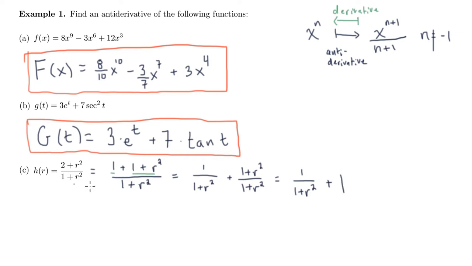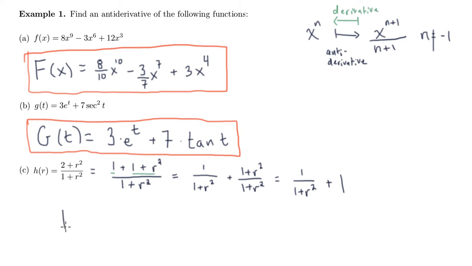So somehow this function was just kind of compacted together, but what it really was is 1 over 1 plus r squared plus 1. And I like the function written in this form because I claim that we should probably be able to figure out what antiderivatives of these functions are. Now the tricky one is 1 over 1 plus r squared. But again, if you have your differentiation rules memorized, then you should remember that the derivative of inverse tangent of r is equal to 1 over 1 plus r squared.